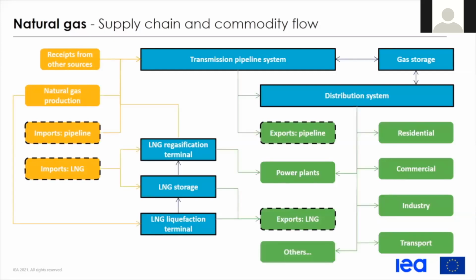Now, the arrows that appear represent the interaction of the flow with the infrastructures. All the natural gas produced or imported by pipelines are mixed in the transmission systems, and the imports of LNG are regasified and then mixed. Some big power plants may be located right next to an LNG terminal and sourced directly from the regasification process.